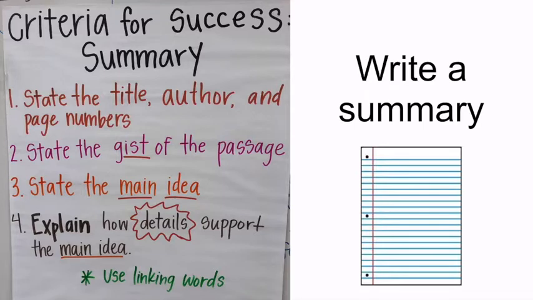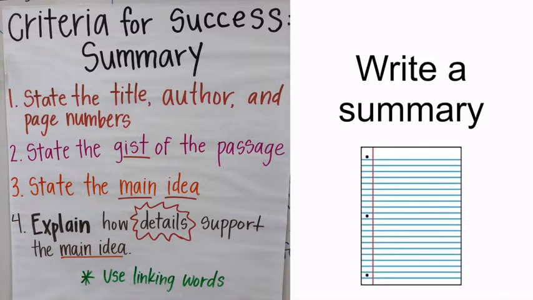The last part of this lesson is to write a summary of the article. You're going to write a summary of the article using the main idea that you just wrote and finding a key detail from the text. Remember that the criteria for a great summary includes, number one, the title, to state the title and the author and the page numbers.